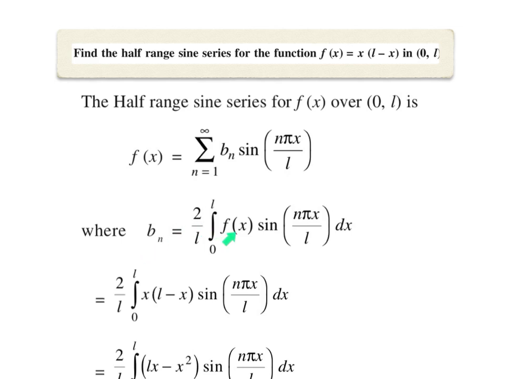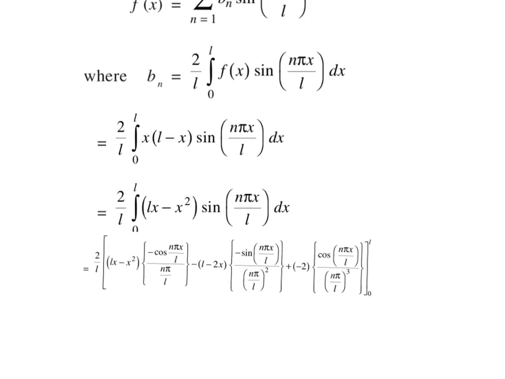We substitute f of x, which is given as x into L minus x in the interval 0 to L. Keeping 2 by L as it is, integral 0 to L, we substitute x into L minus x, and keep sin n pi x by L dx as it is. Next, this x into L minus x can be written as Lx minus x square.